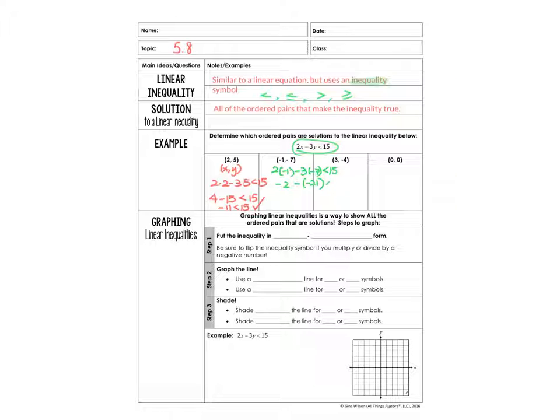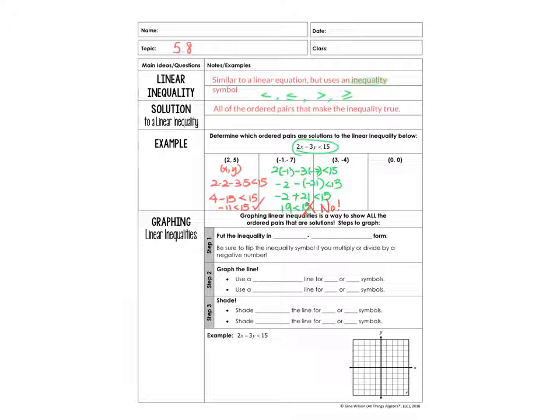So I should have, if I copy down the rest of it, double negative makes a positive, and I end up having 19 is less than 15. Not a true statement, so because it's false and this pair cannot make this inequality true, therefore this pair does not meet the standards of being a solution to this inequality. They are not solutions to the inequality.